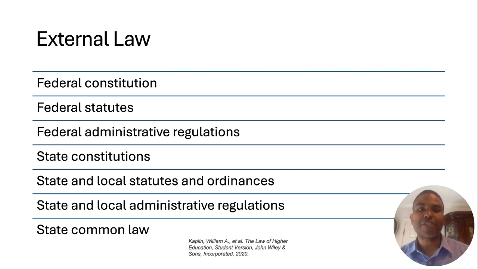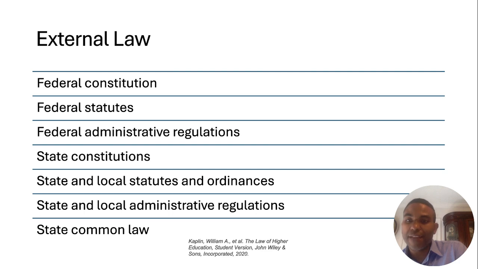So in terms of external law, where does that come from? Well, obviously the U.S. Constitution in this case, in this country, federal constitutions outside the U.S., federal statutes. So there are laws that the Congress enacts. Then there are various administrative regulations that come from different government agencies.